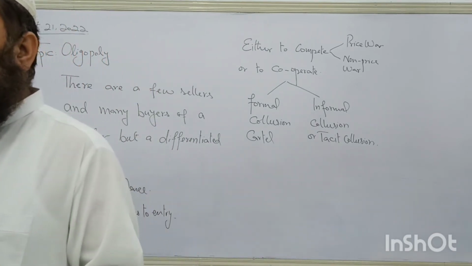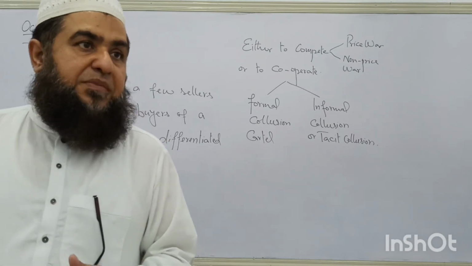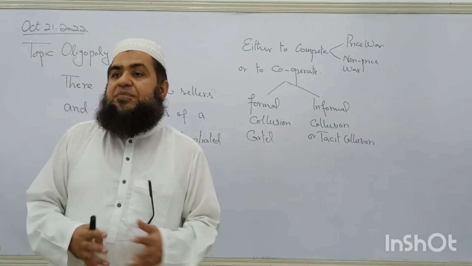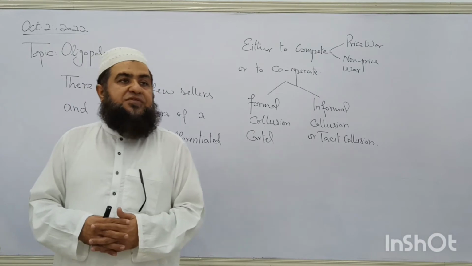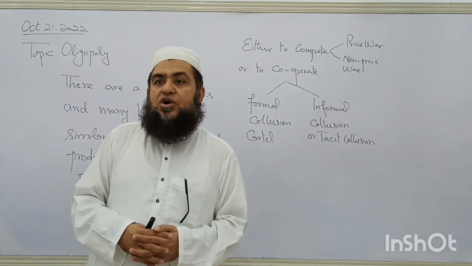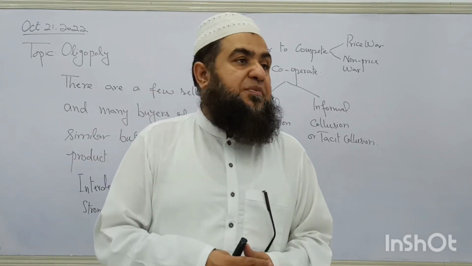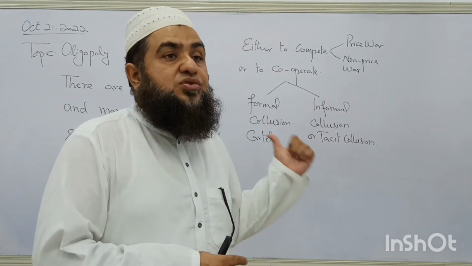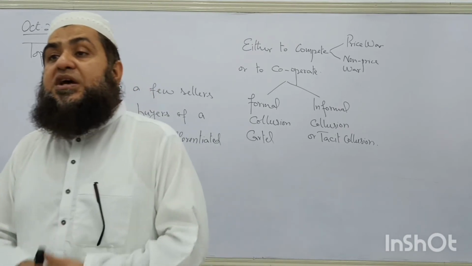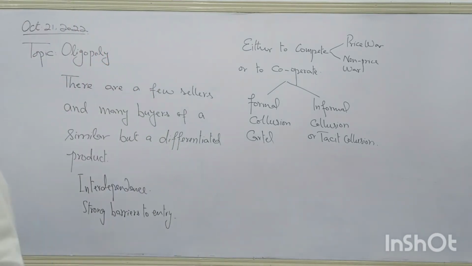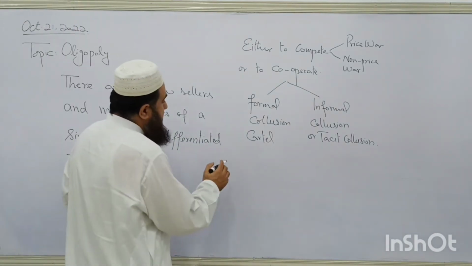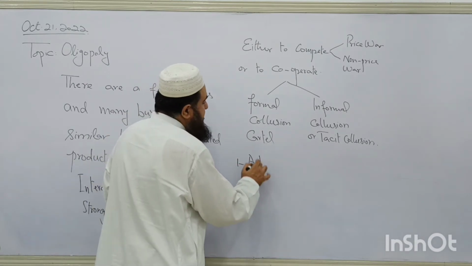So when they are advertising, they are making the consumer aware of the product availability, and of any discounts or any improvement in the quality of the product, which can be informed through advertisement, which is one of the barriers for the new firms. So one barrier I said is the advertising barrier.